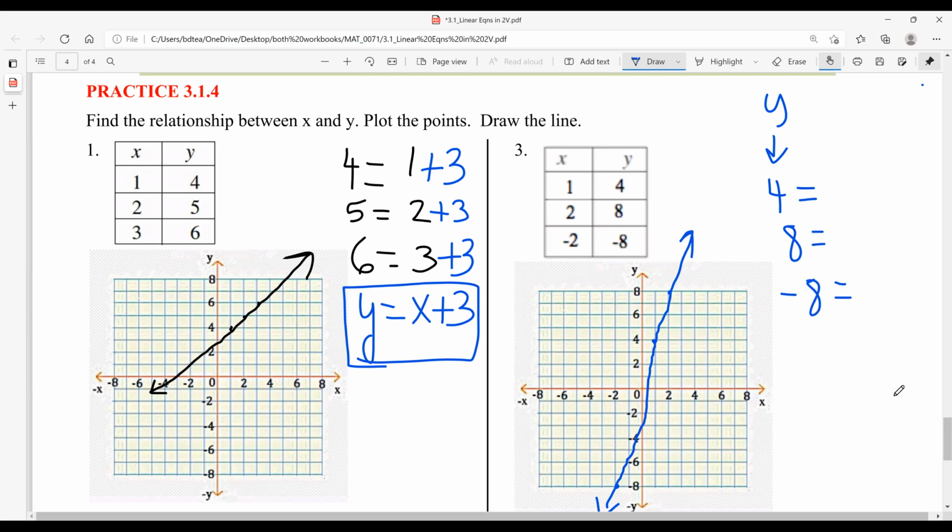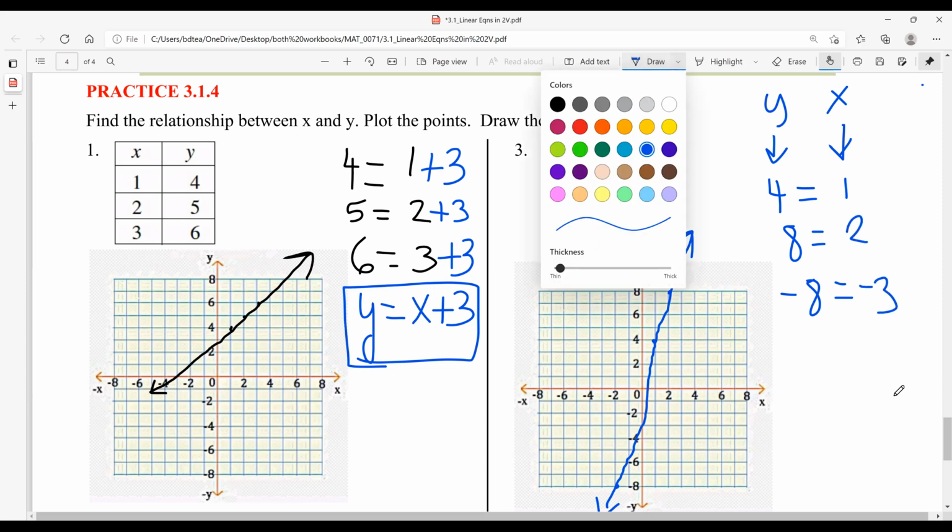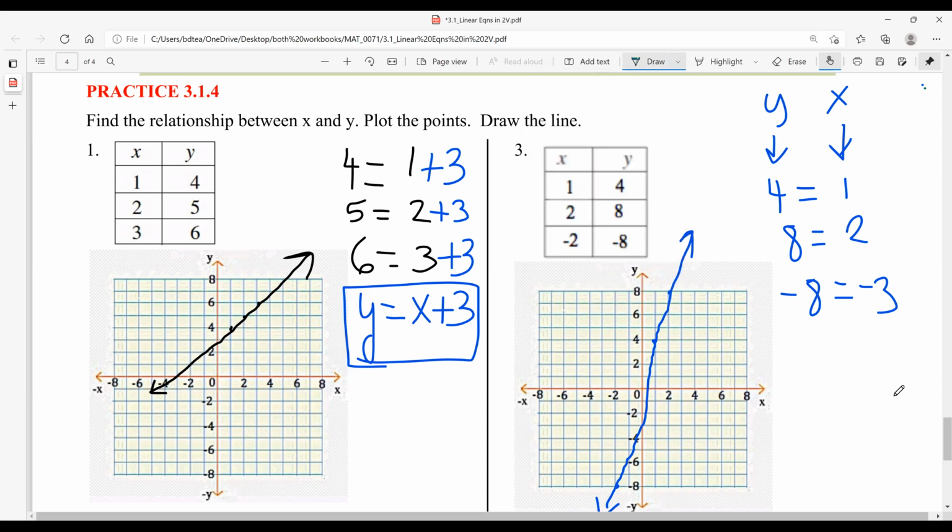And the x values are 1, 2, and -2. So what relationship can we see as we go from 1 to 4, from 2 to 8, and from -2 to -8?